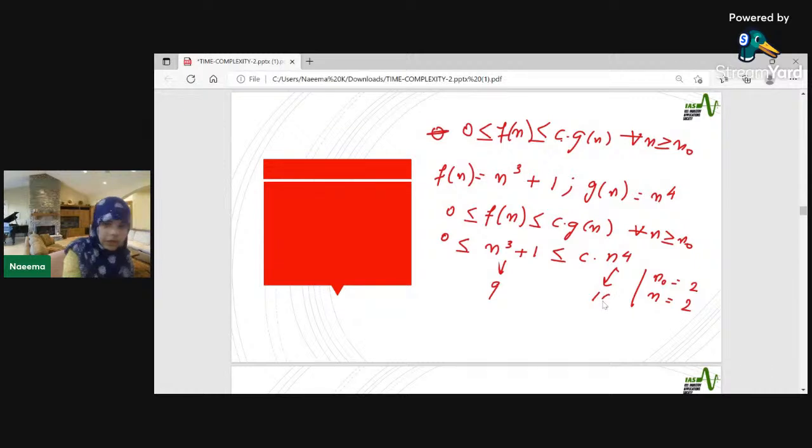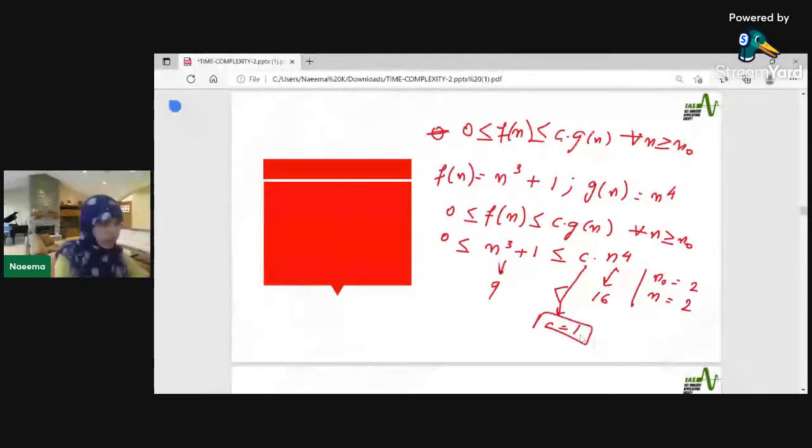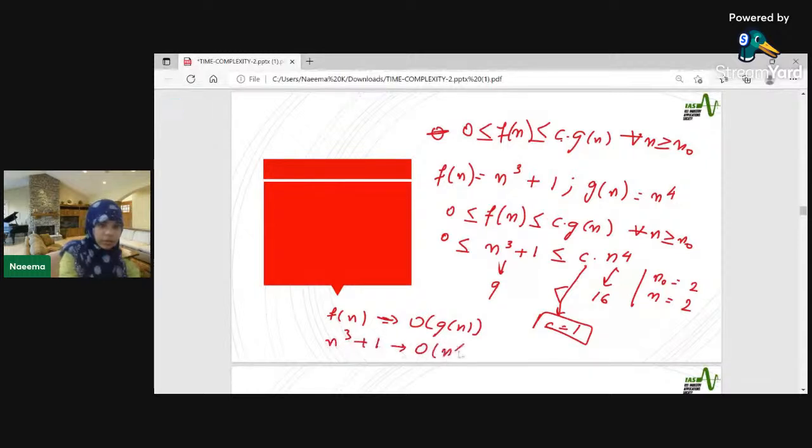Now we can see that 16 is greater than 9. So the equation is satisfied when the value of c is 1. Therefore, we find that the equation of big O is satisfied for c equal to 1. Therefore, according to the definition, f(n) is big O of g(n) when the equation is satisfied. So n cube plus 1 is big O of n power 4.